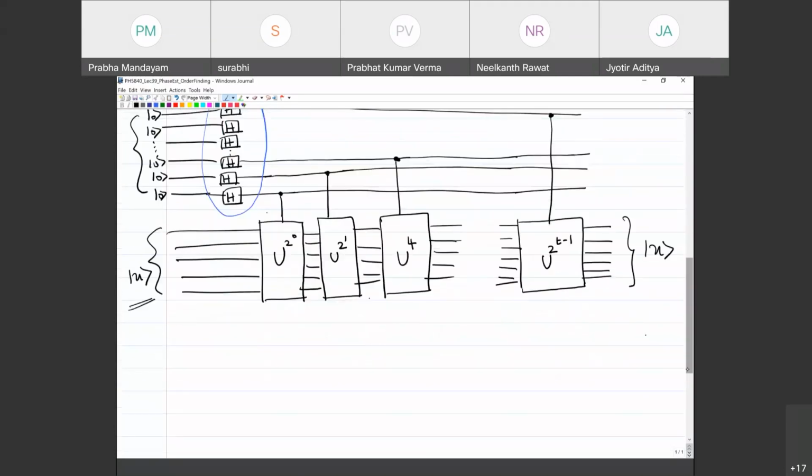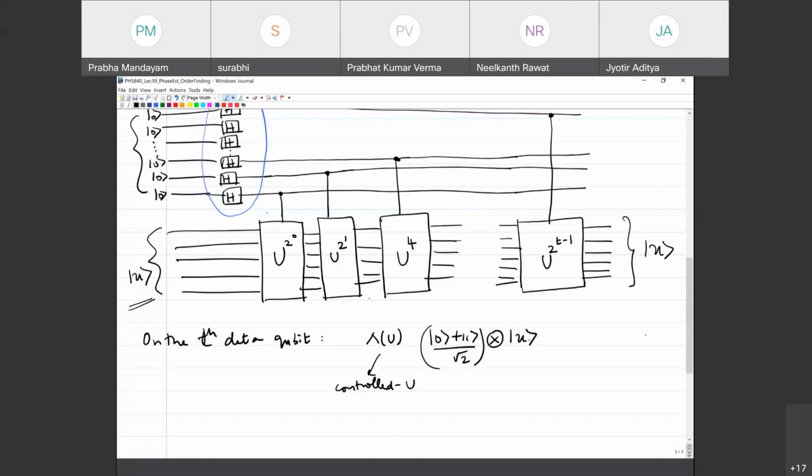So let's first do the first one, right? So on the tth data qubit, you have a control U. So let me write it like this. This is the control U gate. So it's a 2 qubit gate, and it acts on 0 plus 1 by root 2 tensor this eigenstate U, right?